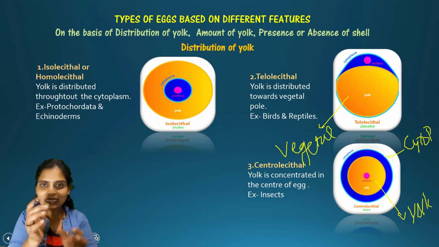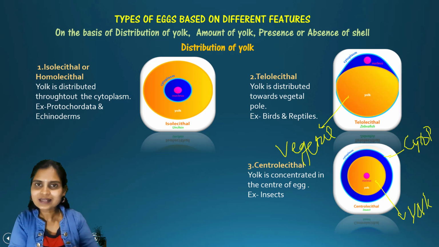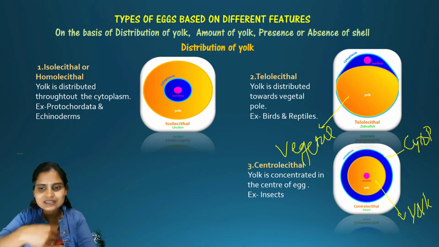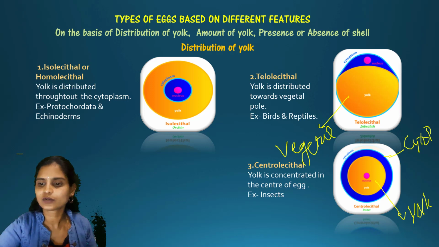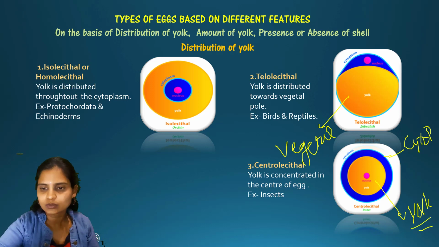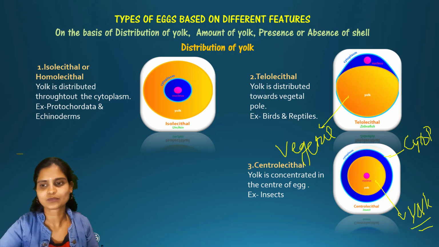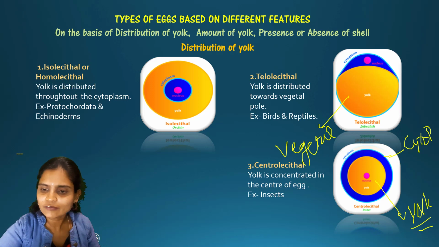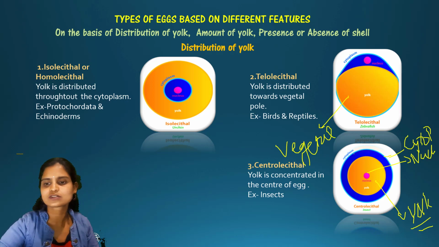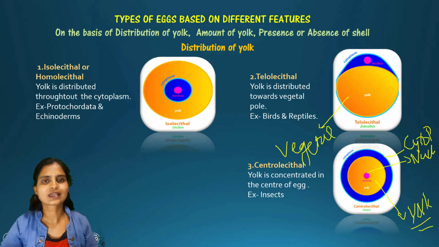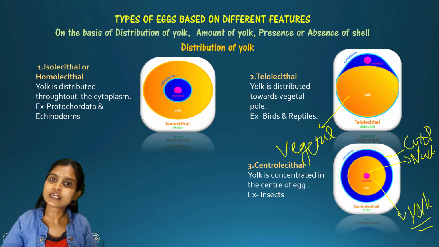So in between the cytoplasm and the nucleus, in the center, yolk is present. This kind of centrolecithal yolk can be seen in case of insects.